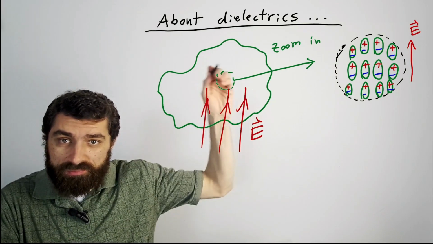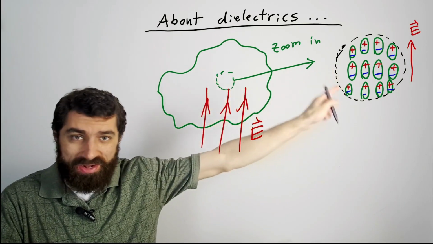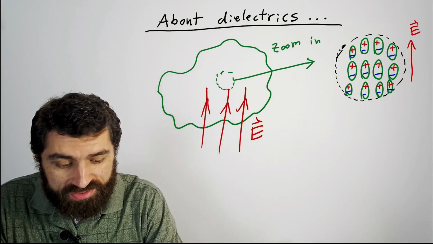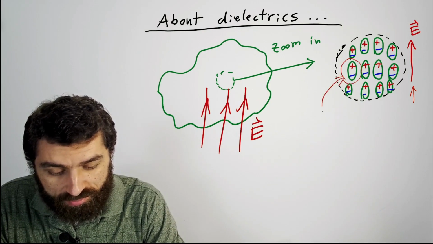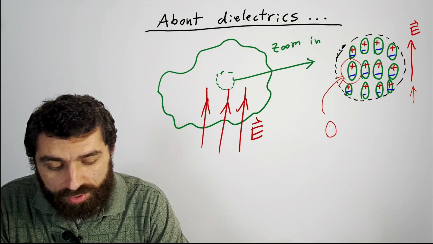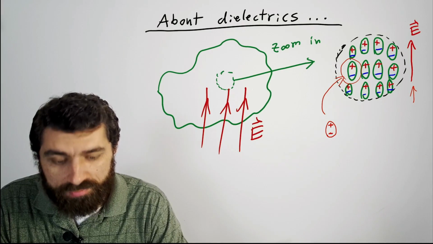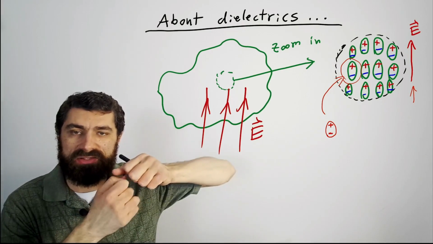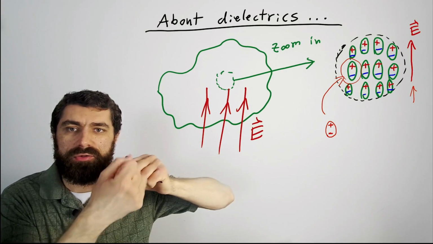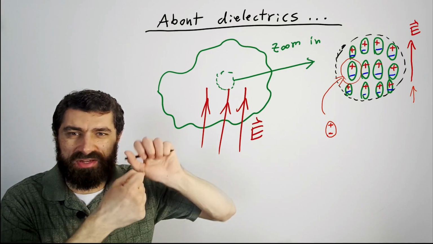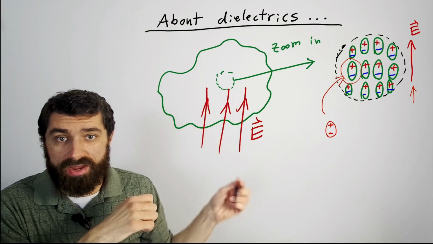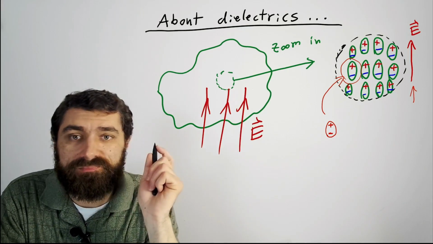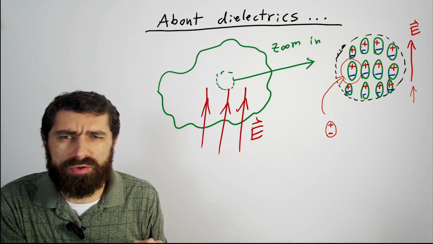If I pick a point in this material and zoom in, in the presence of an applied field, my individual atoms or molecules would end up being polarized. One end would be positive and one end would be negative, because the positively charged nucleus and the negatively charged electrons tend to be pushed apart when you apply an electric field. And so you end up getting this polarization.